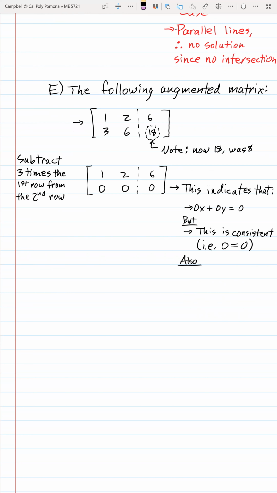What else does this mean, though? This also means that the second row is essentially a repeat, from an information perspective, a repeat of the first row.